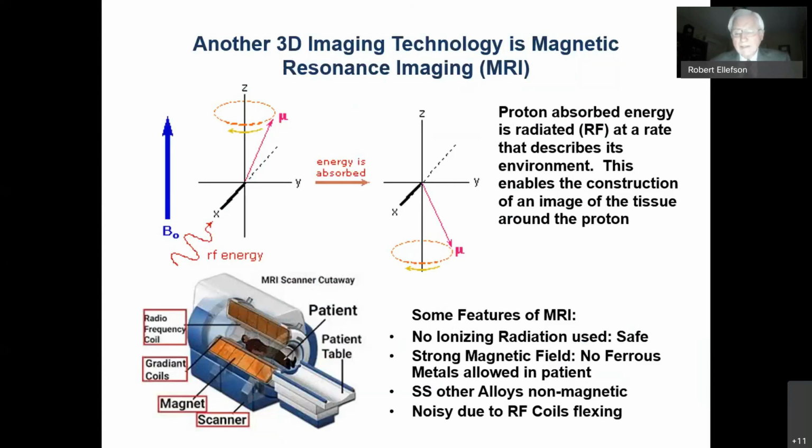Now, some of the practical features of magnetic resonance imaging to consider for your measurements. There's no ionizing radiation like there is with X-rays, so this is intrinsically safe. There are strong magnetic fields, however, and so no ferrous materials in your pockets. Worse yet is if you had a little metal shard of steel in your tissue from machining something, that could easily be a problem in the magnetic field, of being torn loose.